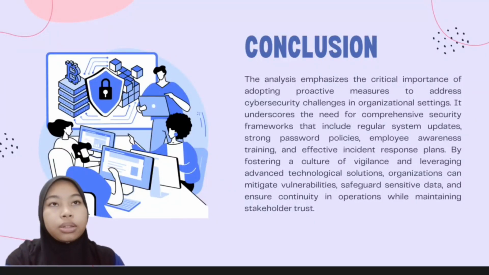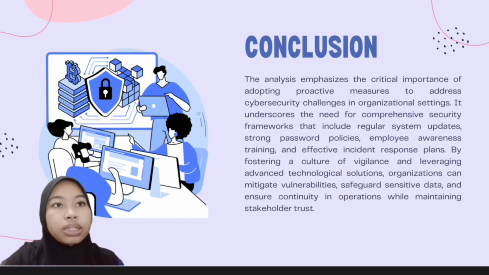In conclusion, the analysis emphasized the critical importance of adopting proactive measures to address cybersecurity challenges in organizational settings. It underscores the need for comprehensive security frameworks that include regular system updates, strong password policies, employee awareness training, and effective incident response plans.